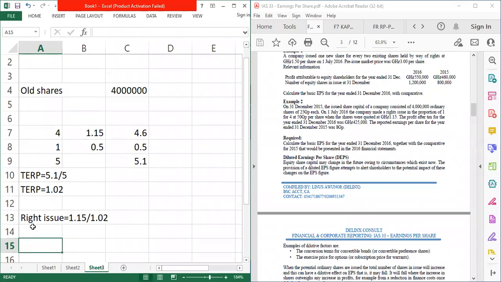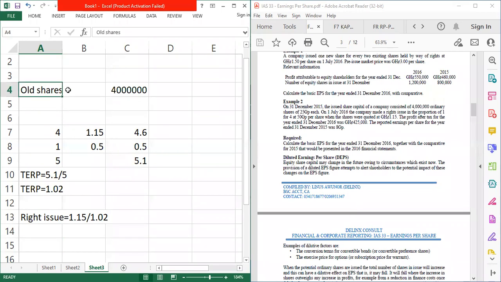Now we have to find the actual old shares that should have been there at the beginning of the year. That would be the right issue fraction multiplied by the shares that we have at the beginning, because bonus issues are always made on the shares at the beginning.